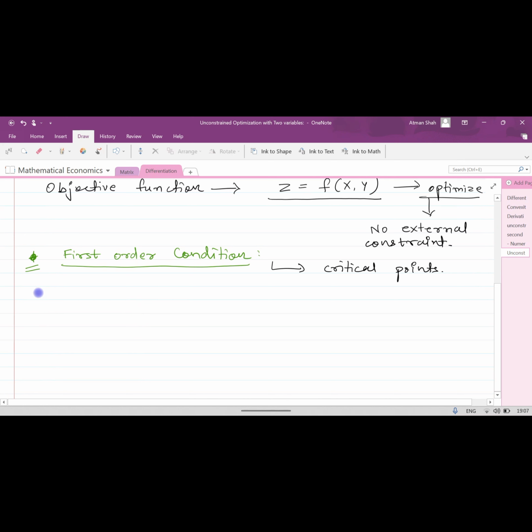So del z upon del x is equal to 0 and del z upon del y is also equal to 0. That is, partial differentiation with respect to x is equal to 0 and partial differentiation with respect to y is 0. This is our first order condition.